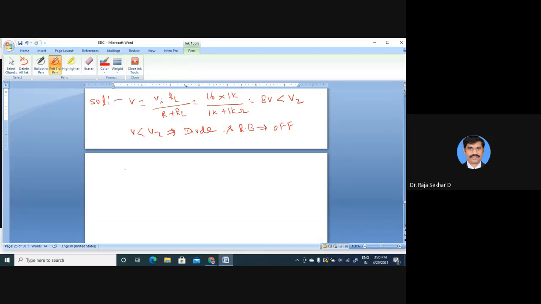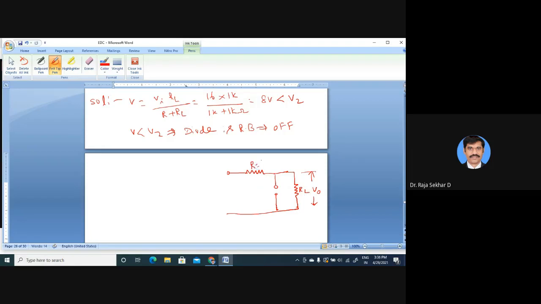So when it is off, now draw the circuit once again. V naught, and it is open circuit.